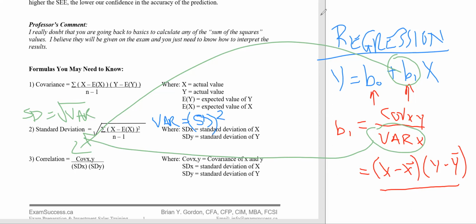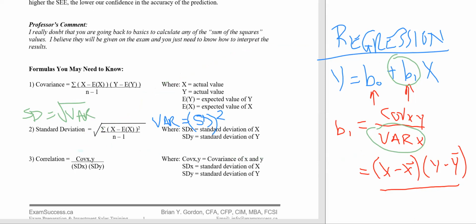So let's get rid of some of these lines so we can see it here. If we square this value, it just removes the square root sign. So what we're left with in our formula is simply the sum of the actual minus the expected value squared. And you now are looking at your formula for being able to calculate this slope coefficient.